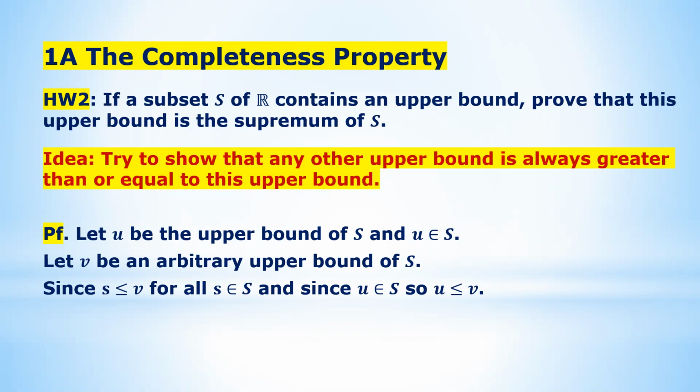Now, by the assumption, we know that U is already in S. So obviously U is less or equal than V. So from here, you can conclude that U is less or equal than any other upper bound. Therefore, U is the least upper bound. So this is a simple way to write this proof.